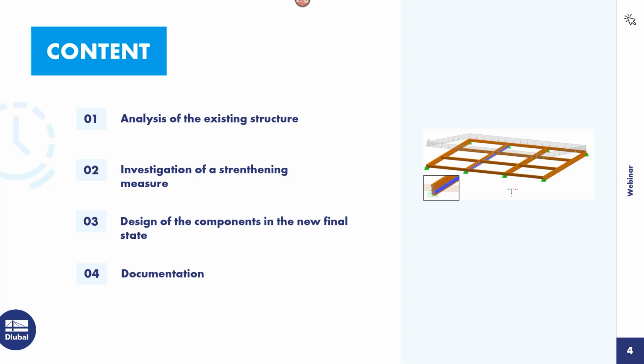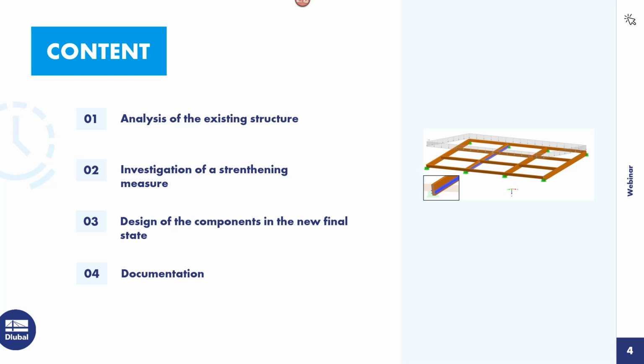Therefore, in the first step, I want to take a look with you at the existing structure. After that, we want to take a look at the existing structure with the new load and think about solutions, what we can do if the design checks are not okay.